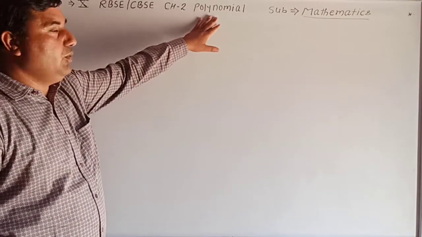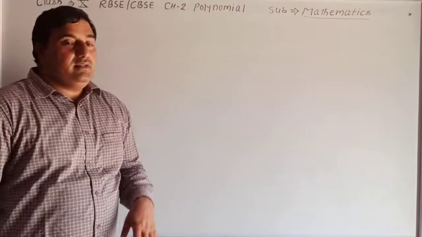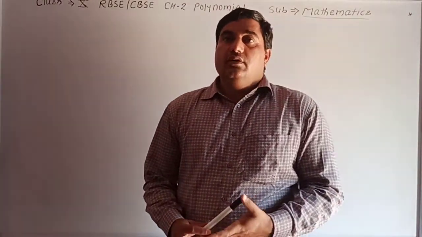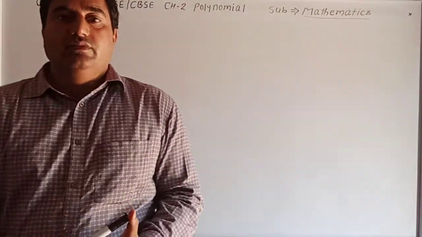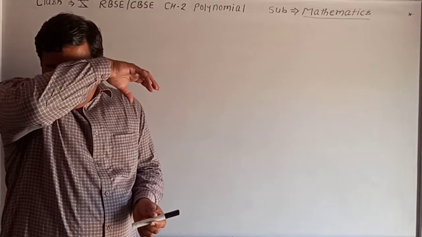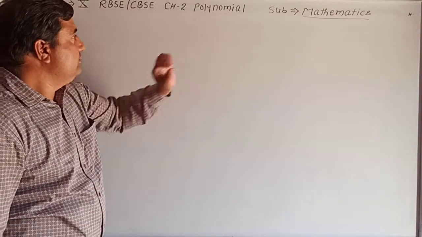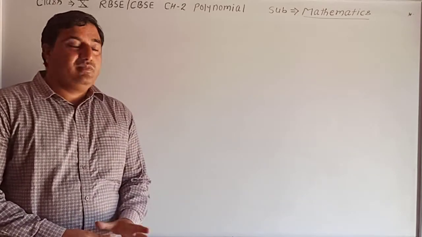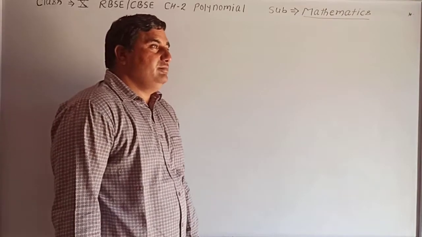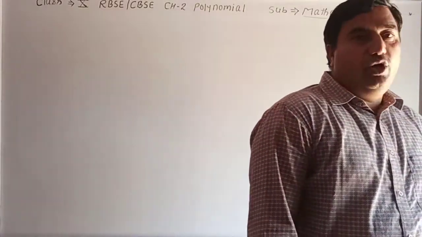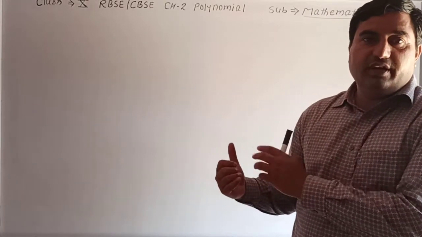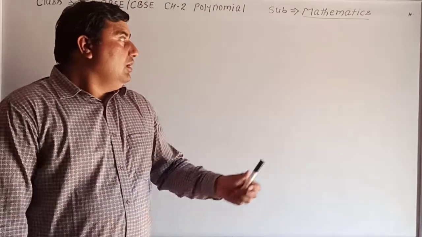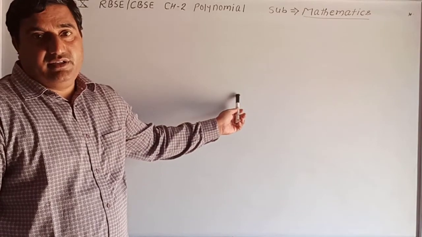NCERT chapter 2, Polynomials. In the previous class we discussed the relation and the zeros of the polynomial, the definition of zeros of a polynomial, and two methods to find the zeros: the factor method and the graphical method.